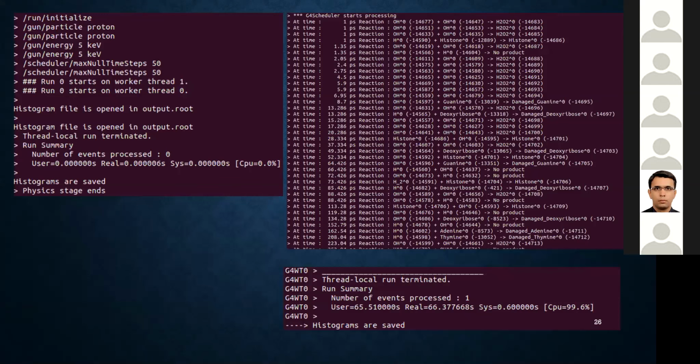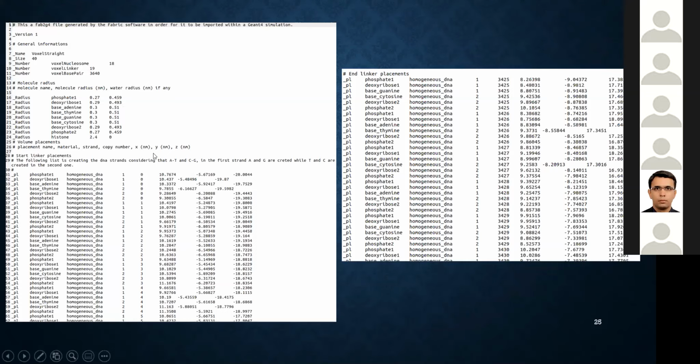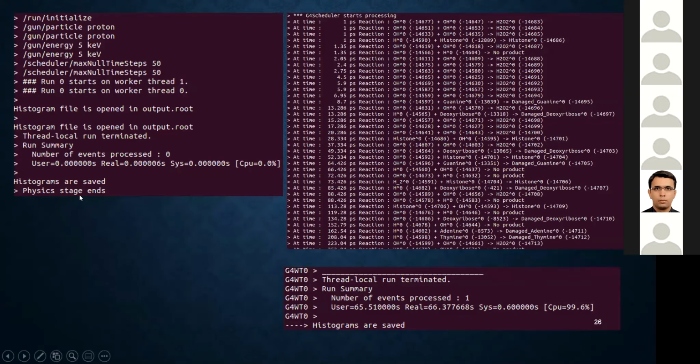Sorry. This is how it looks when we run it. I wanted to show you this because, as we said, the stages. If you see here on the left side, it says physics stage ends. When the physics stage ends, we know that the chemical stage starts, and it's all this. It goes analyzing all the reactions that we can have over here, and the timing at which each reaction happens.